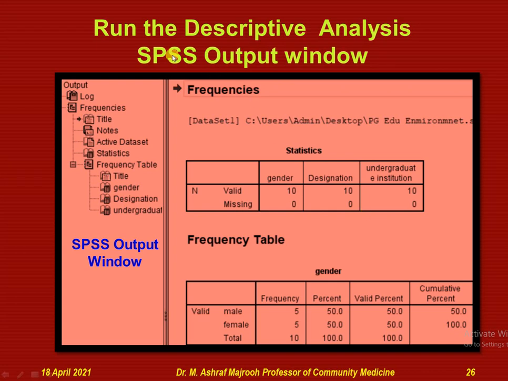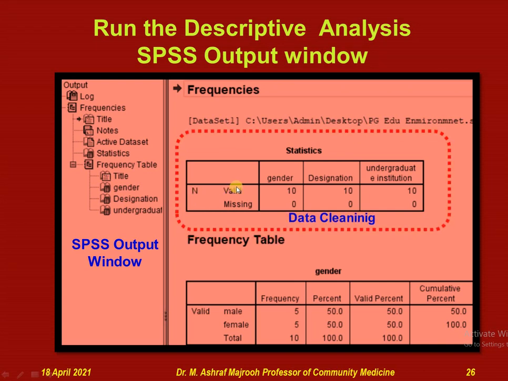Now after this data processing, we run the descriptive analysis on SPSS output file. If we look, this is the SPSS output window, where first inherently the data cleaning options are available. Here how many valid values and missing values there are is detected, and this is the process of data cleaning.